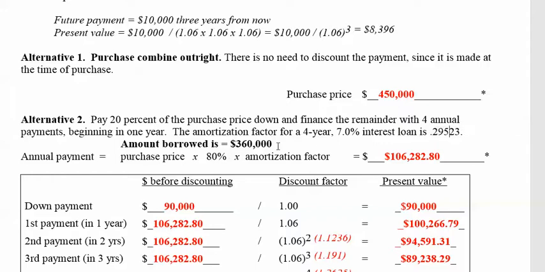Well, first we figure out how much our 20% down payment is. We simply take 20% times the purchase price of $450,000. And if my mind serves me correctly, 20% of 450,000 is $90,000. So that was simple.